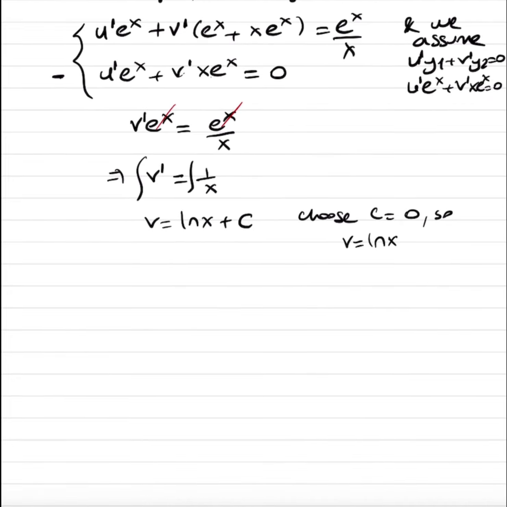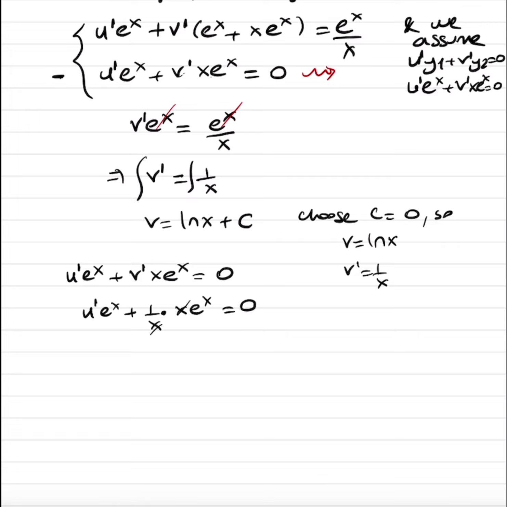Now using the second equation, u prime e to the power x plus v prime x e to the power x is equal to 0, and we know v prime is 1 over x, right? So we will find u prime e to the power x plus 1 over x times x e to the power x is equal to 0.